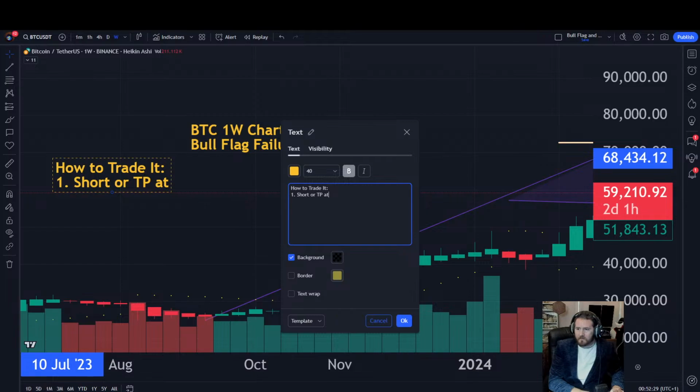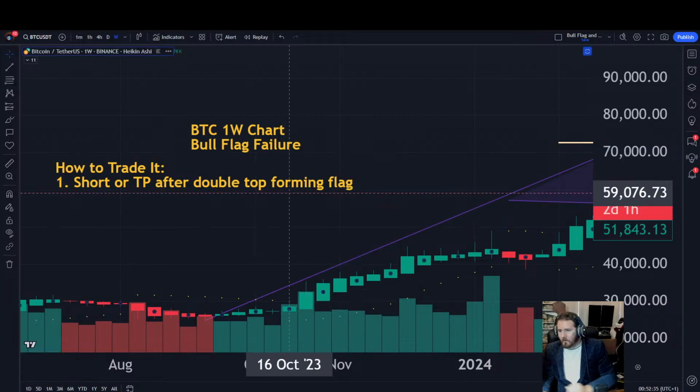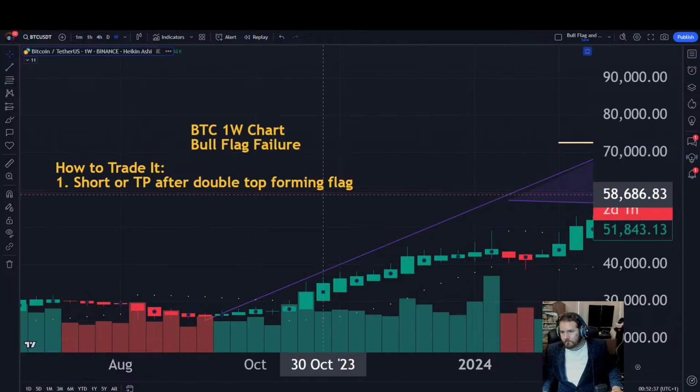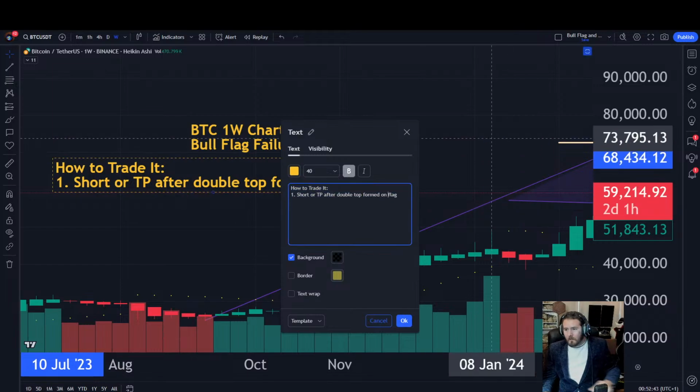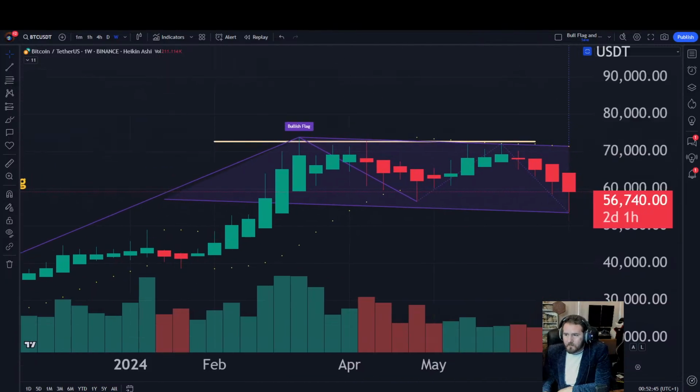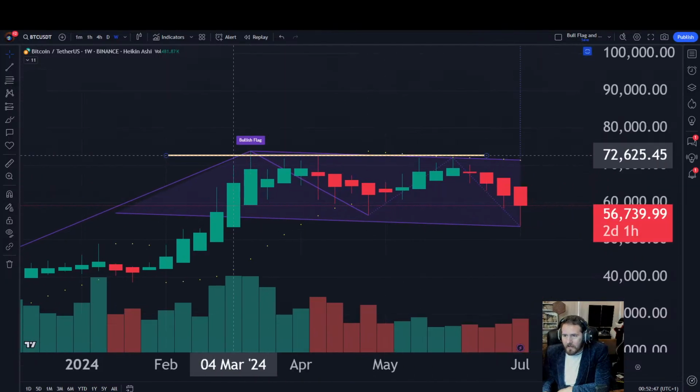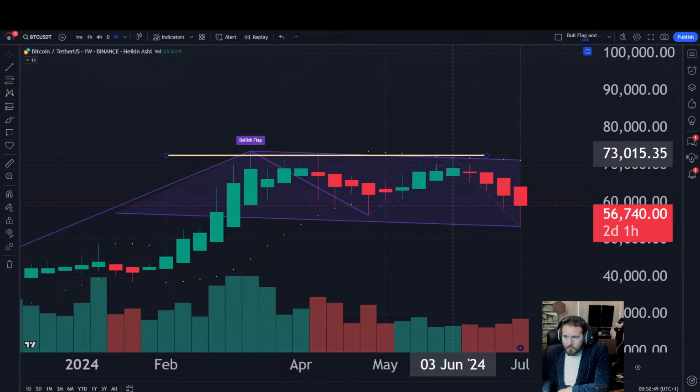Short or take profit after double top forming flag formed. So this is going to be the flag right here. I already have this drawn, this beige color line.